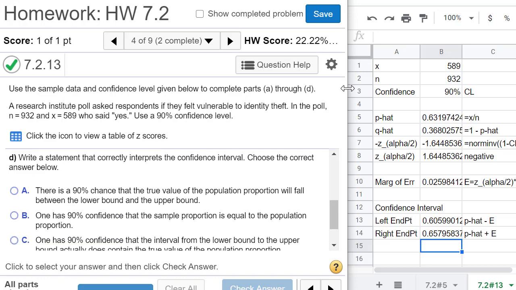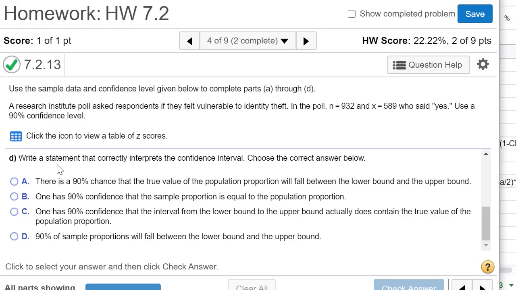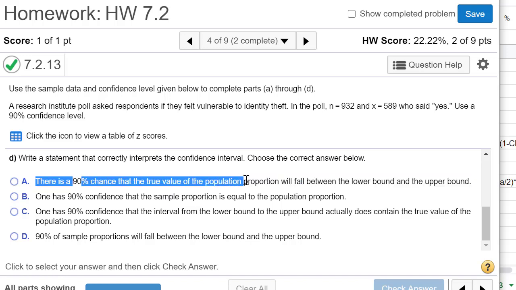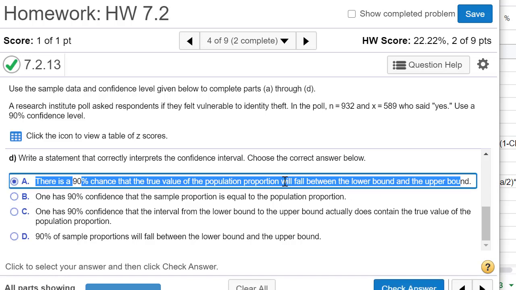Finally, we got a follow-up question, and they want us to write the statement that correctly interprets the confidence interval. The first one says that there's a 90% chance that the true value of the proportion will fall between the lower and upper bounds.